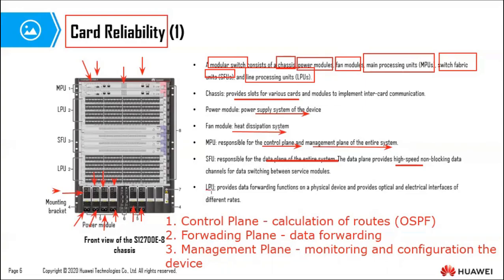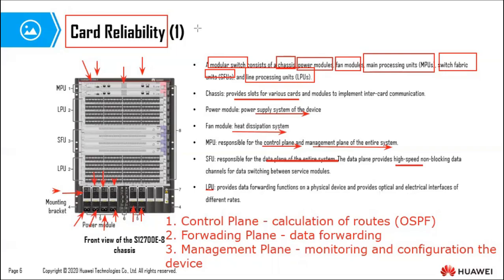Then LPU provides data forwarding functions on the physical device. So on the physical layer, really. So that's what LPU does on the physical layer. Provides optical and electrical interfaces of different types.